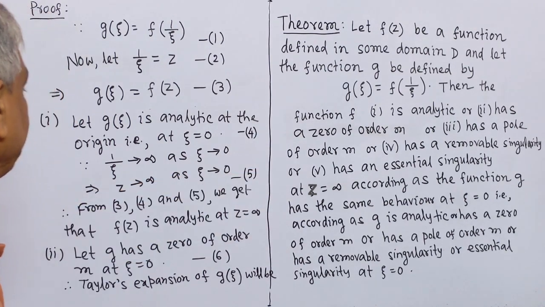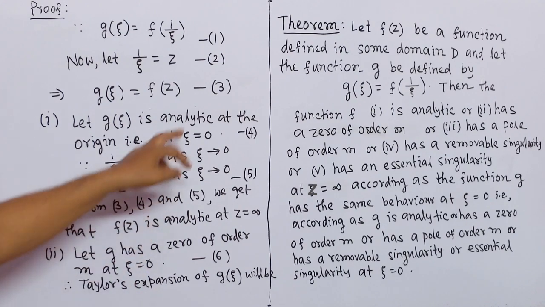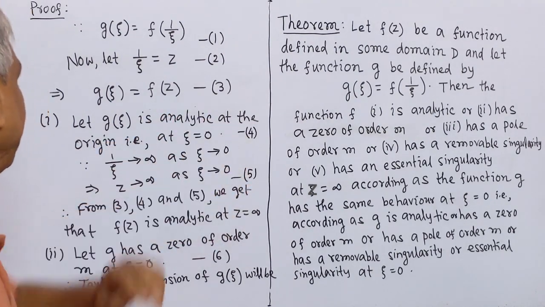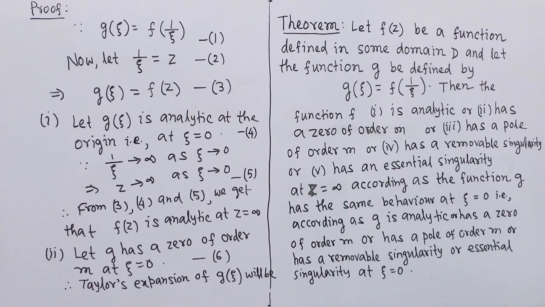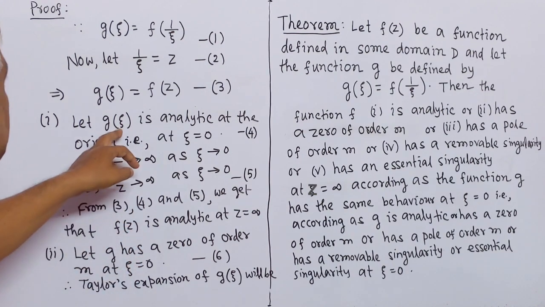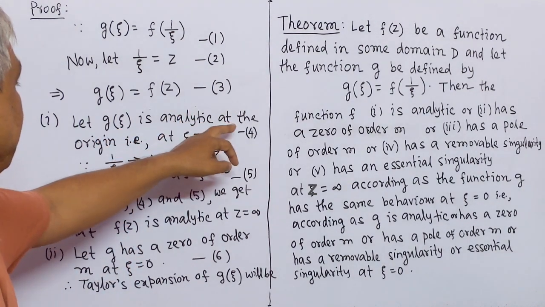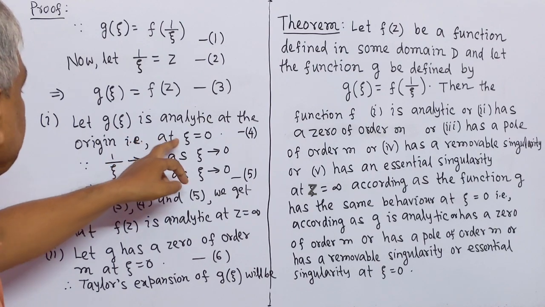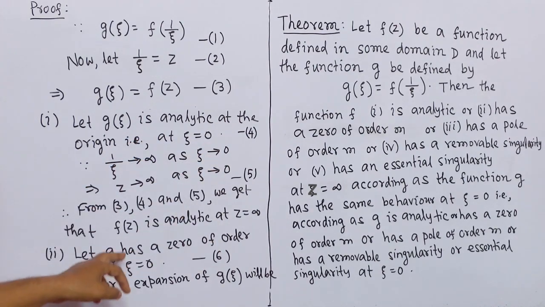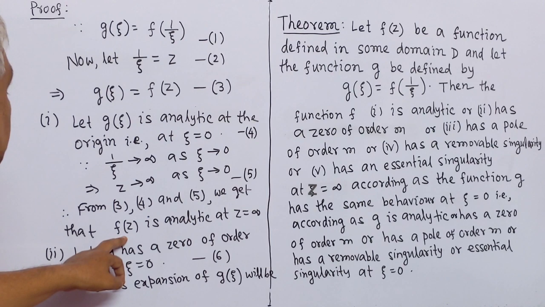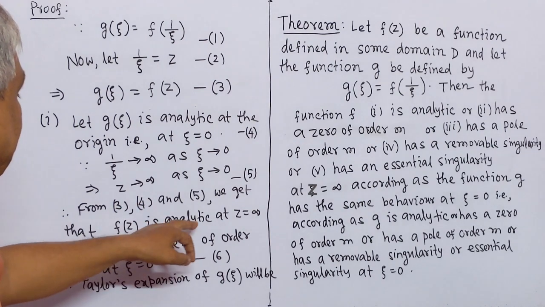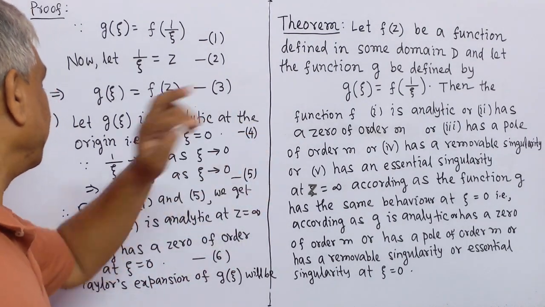This is number 5. Therefore, from 3, 4 and 5, we get that if g(ξ) is analytic at the origin, that is ξ equal to 0, then f(z) is analytic at z equal to infinity.